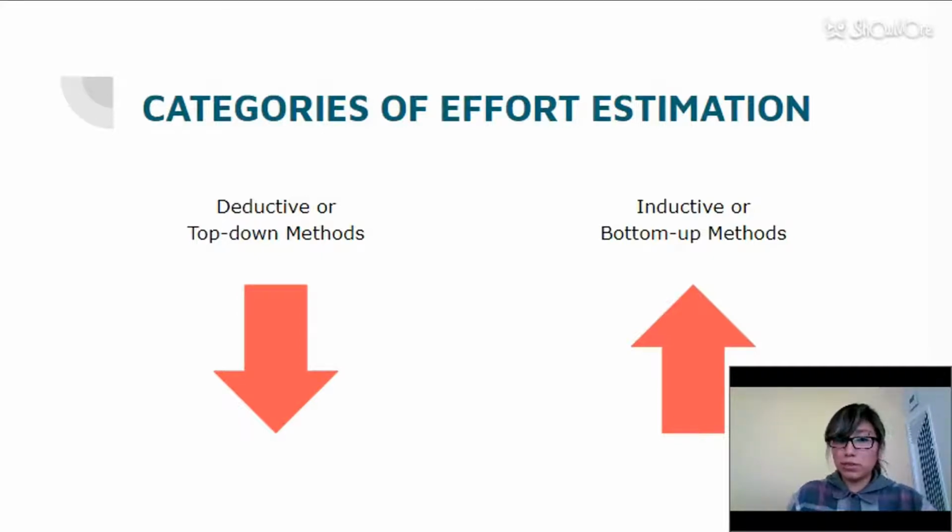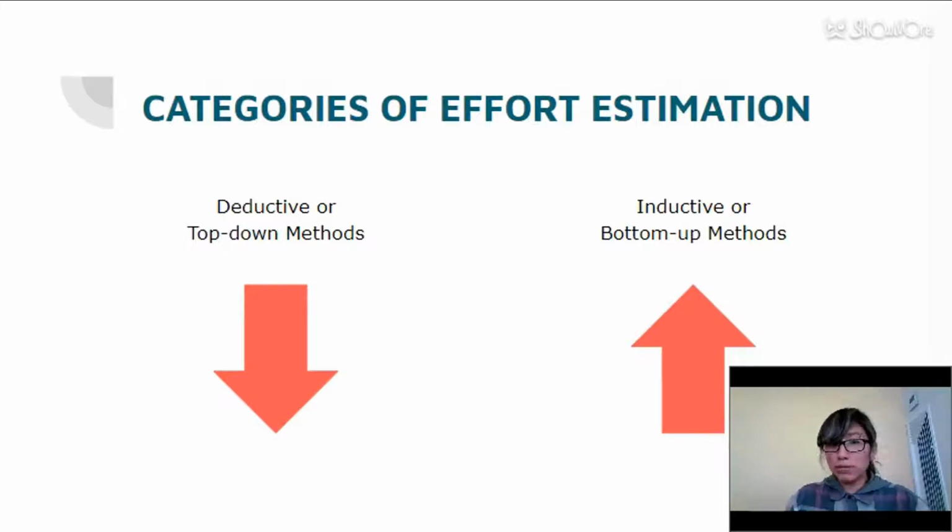The advantage of deductive methods is a simple, rapid cost allocation. And the disadvantage is that they only work for projects that consist of work packages that we already know from earlier similar projects.